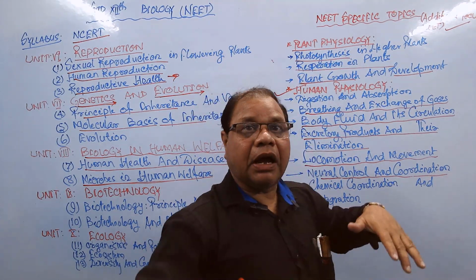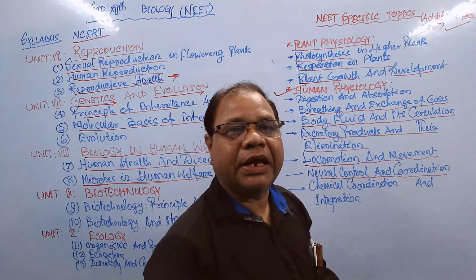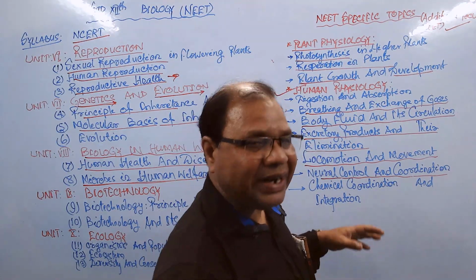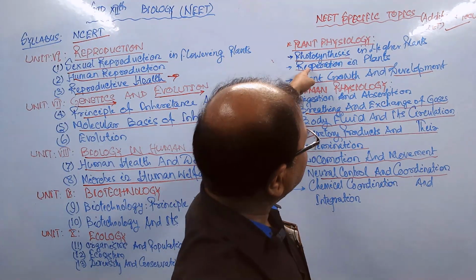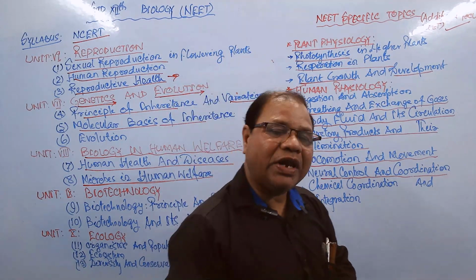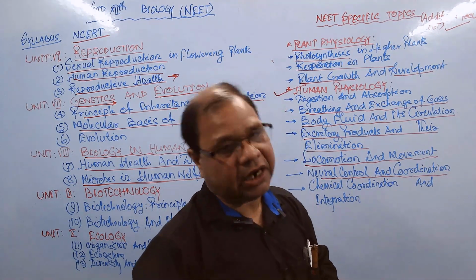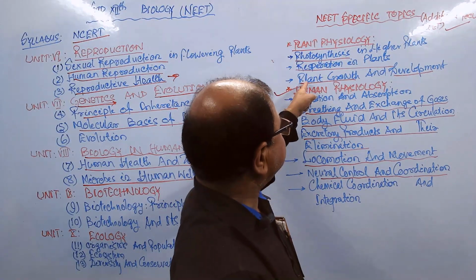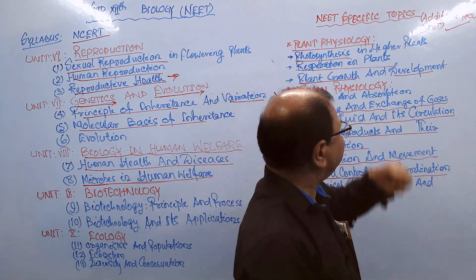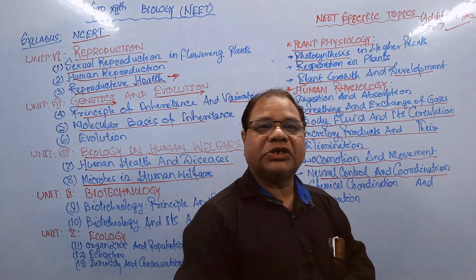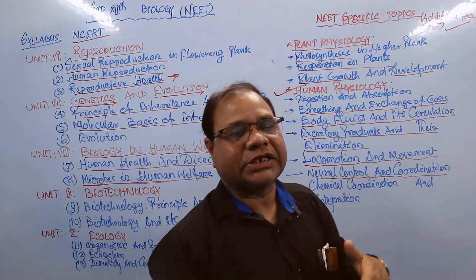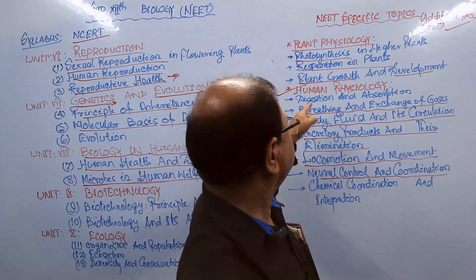Higher plants means big trees like the banyan tree, mango tree, peepal tree, etc. And respiration in plants. Respiration is also a very important point for animals as well as plants. Next, plant growth and development, which happen together at the same time.